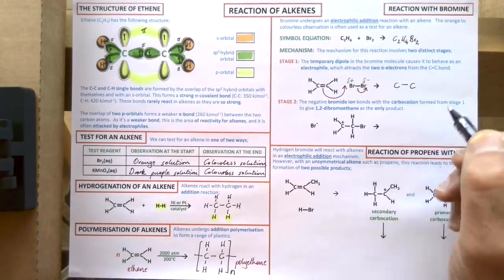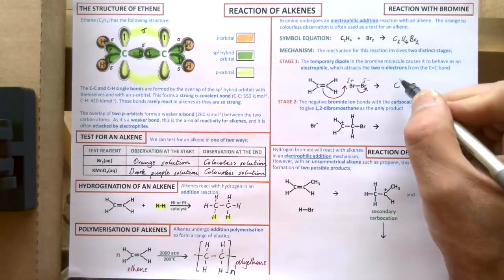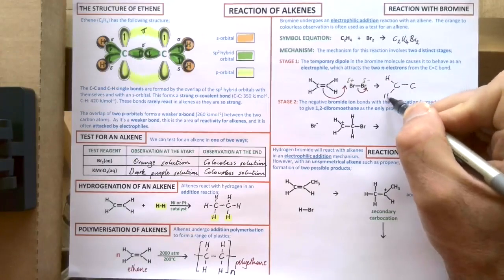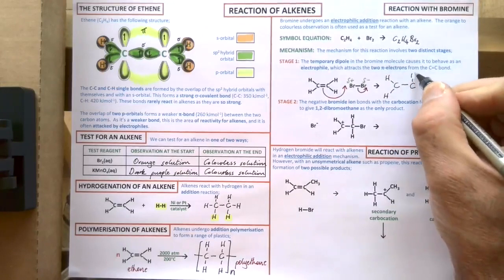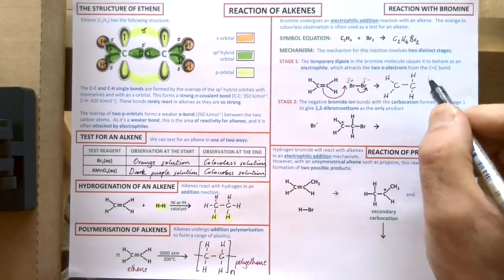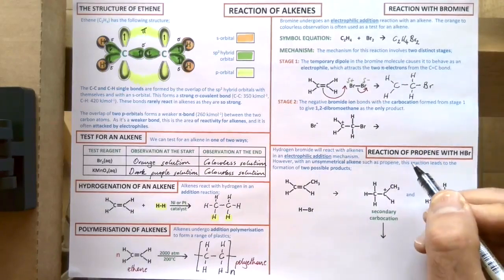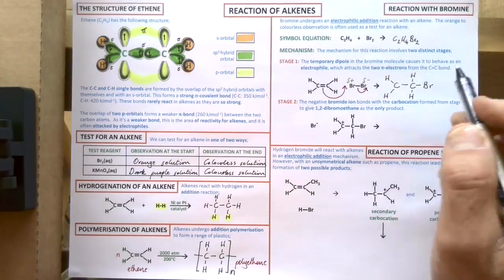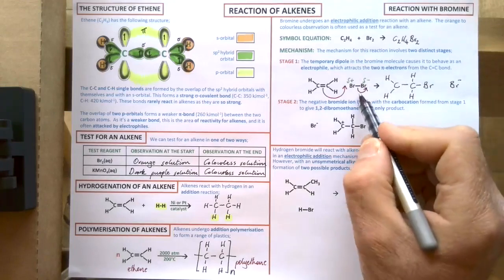So the result of all of that is our double bond is gone, the sigma bond is still there, but the pi bond is gone. The hydrogens at the end here have got nothing to do with anything, so they're staying as they were. These hydrogens I'm going to show going up and down here. And the bromine now is bonded onto that carbon. The bromine that was on the other end of the Br2 is now a bromide ion because it took both electrons with it.